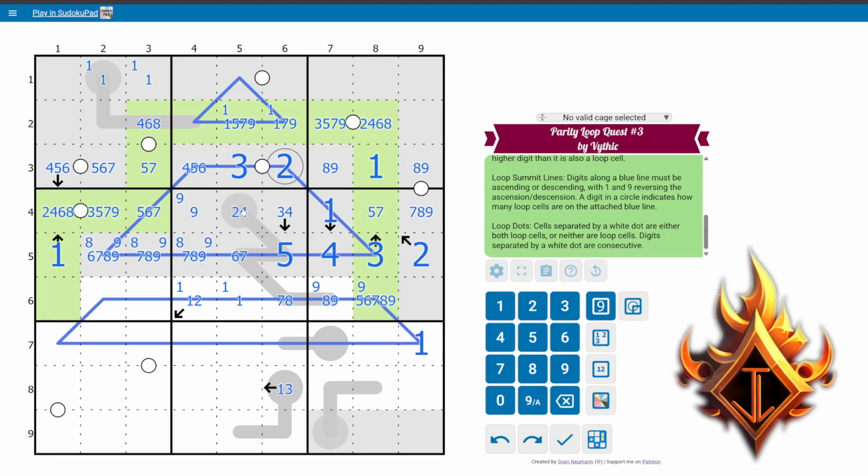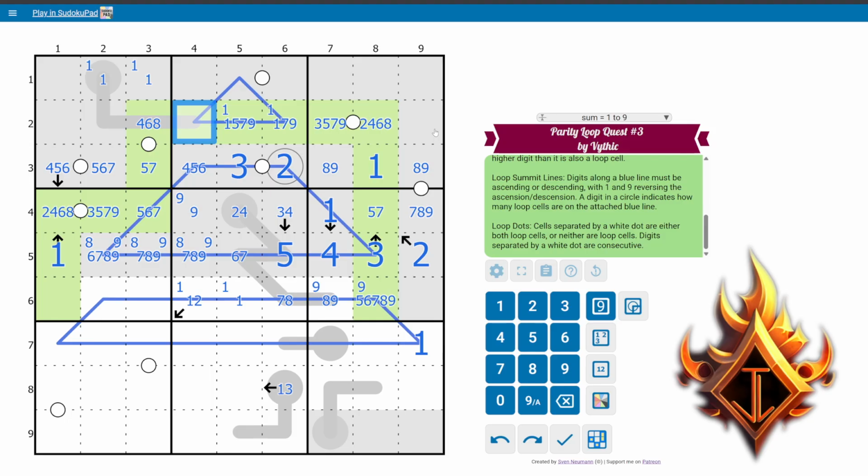This is 4, that is 2. That is 4, that is 3, 2.